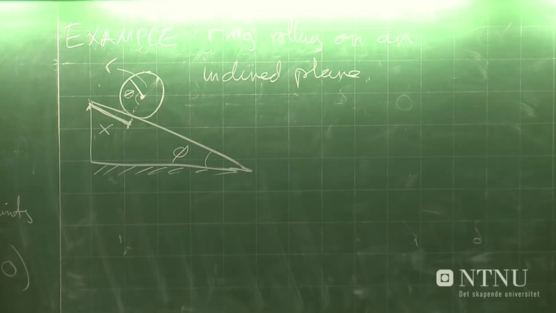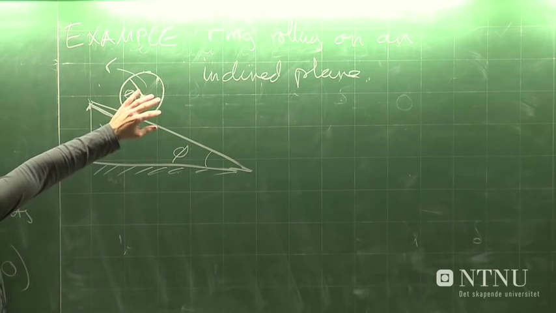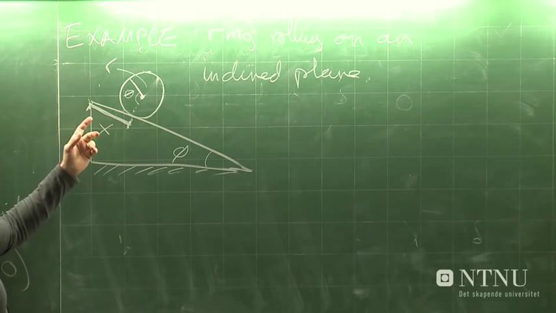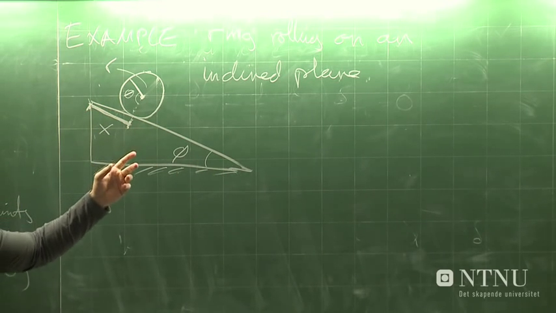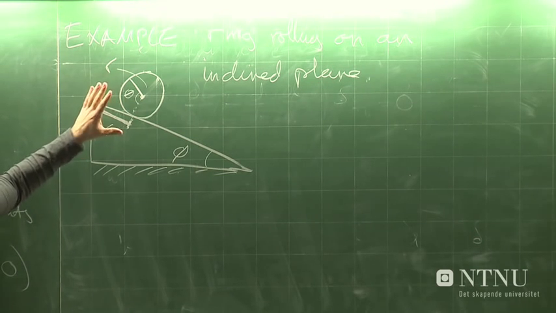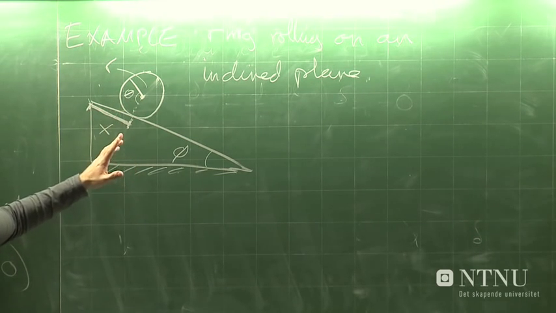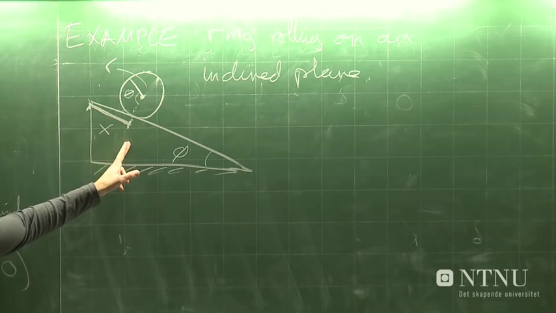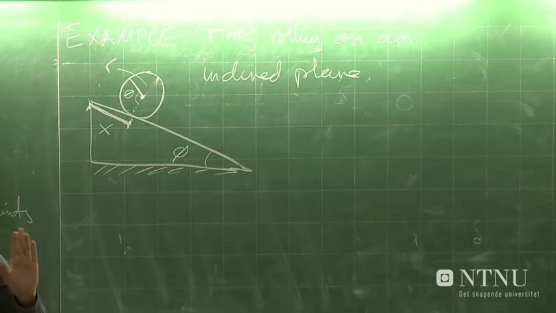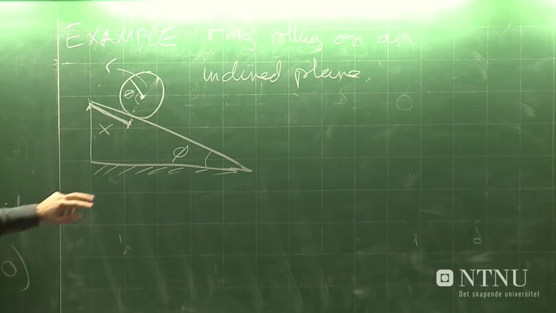So the situation looks something like this. We have a ring with the radius r, and it's traveling down this inclined plane. And this movement may be characterized by two generalized coordinates. We have the position of the ring on the plane, given by this coordinate x. But if it's rolling, we should also characterize its angular position by this parameter theta.